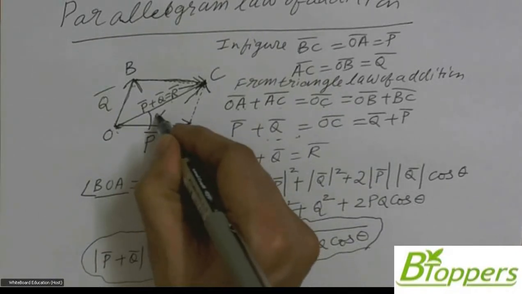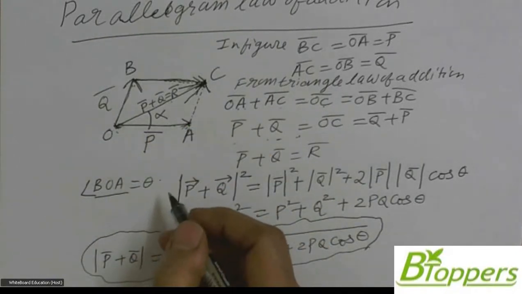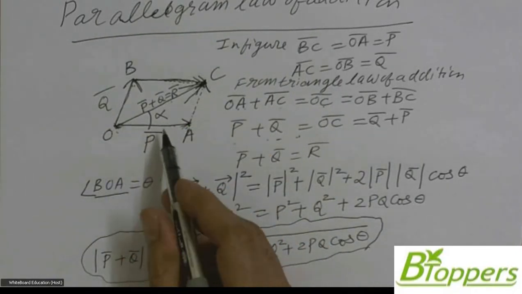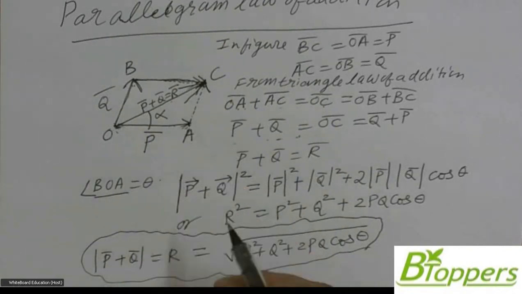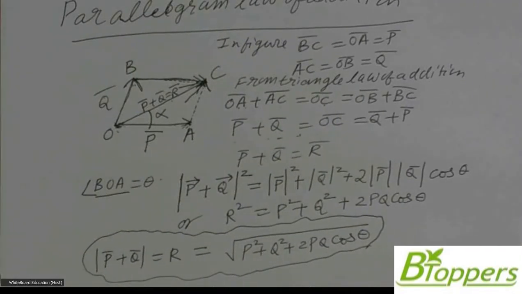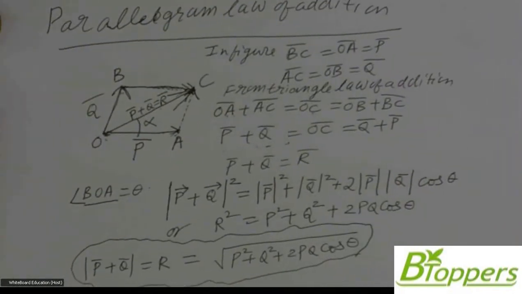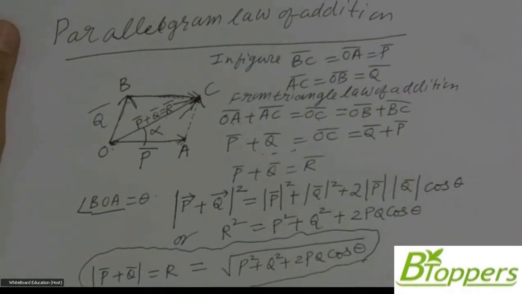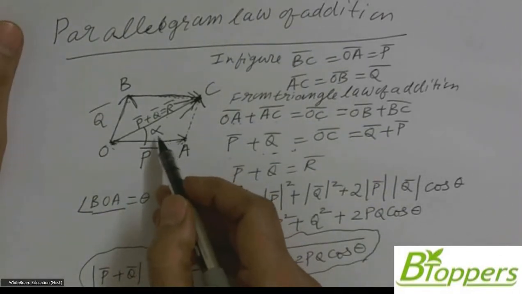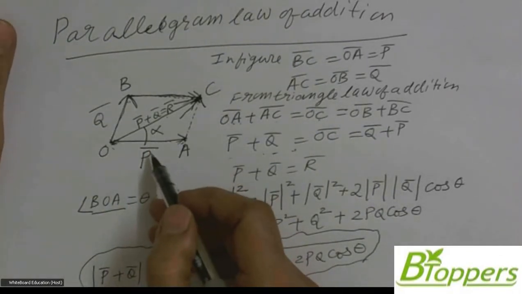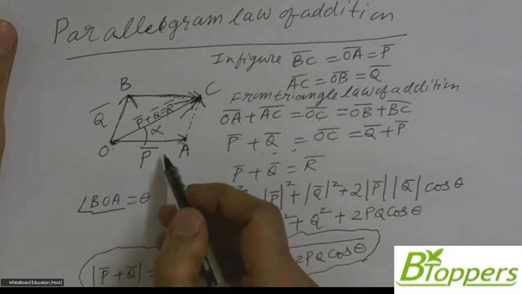To know the direction of the resultant, we have to find this angle alpha made by the resultant of the two vectors with the first vector P bar. As I have shown in the diagram previously, alpha is used to denote the angle made by the resultant of the two vectors P bar and Q bar with the first vector P bar.